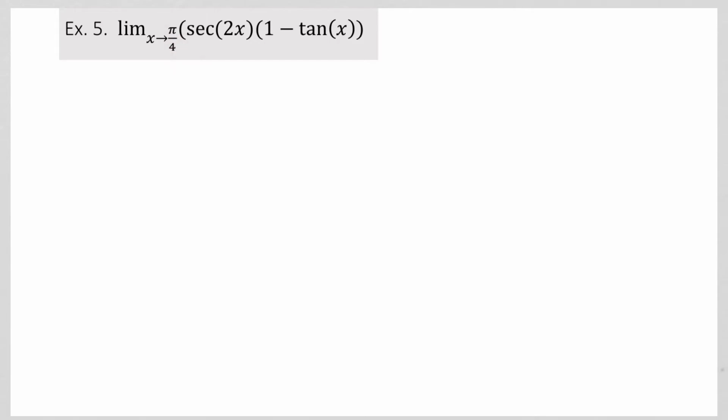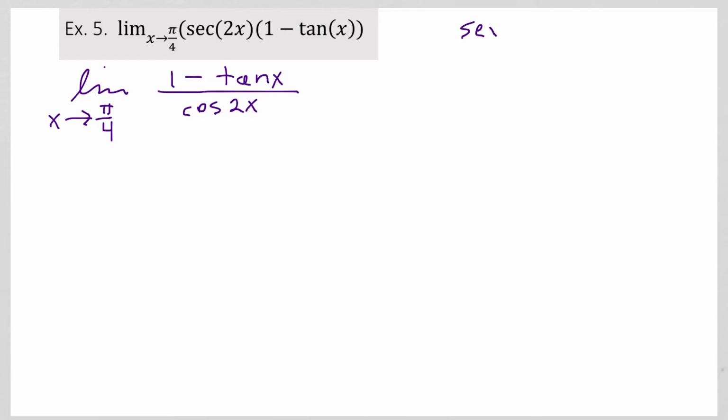So we can write that as the limit as x approaches pi over 4 of 1 minus the tangent of x divided by the cosine of 2x. And this is because the secant of x is equal to 1 over the cosine of x.